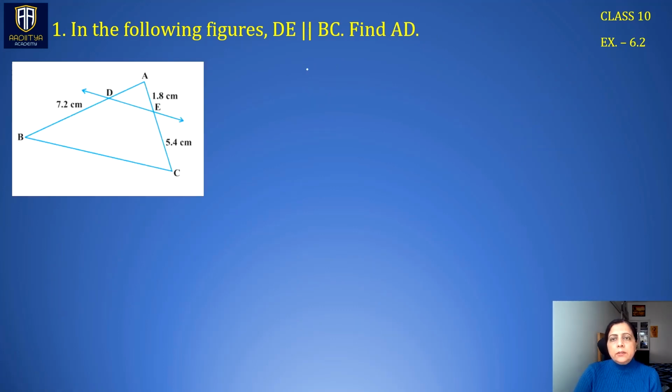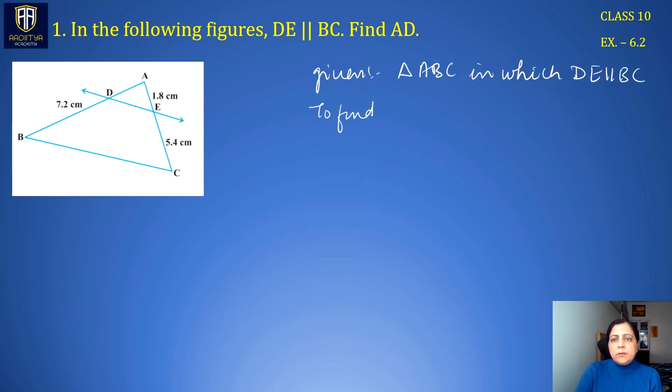Now in the next question, it is given that we have triangle ABC in which DE is parallel to BC. And here in this question, we have to find the length of AD. So for the solution, again we make the statement that in triangle ABC, DE is parallel to BC.